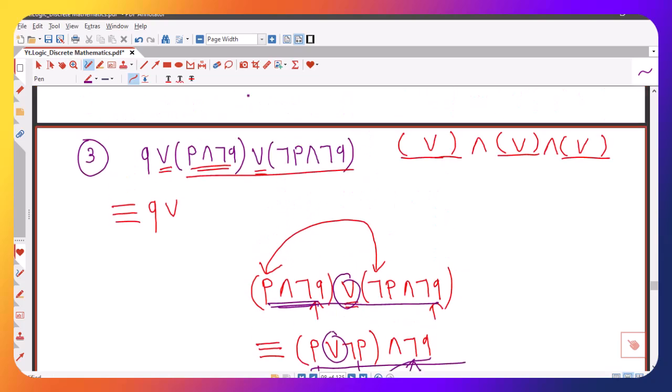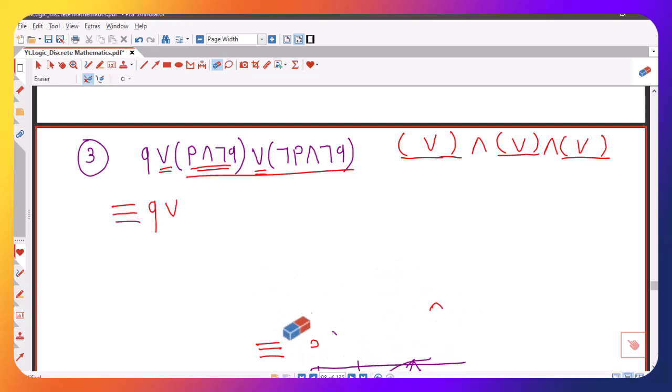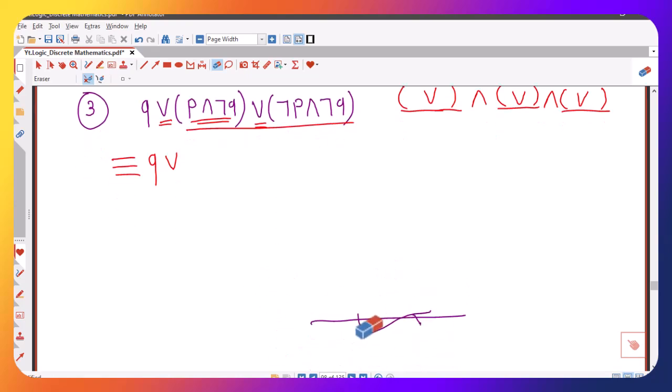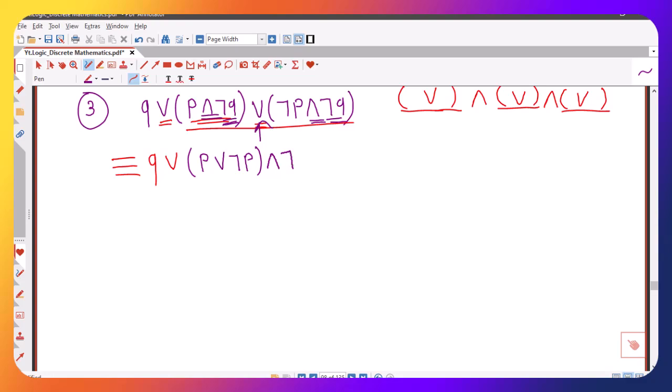This is just to explain how we can use distributive law if we have this type of form. So again I repeat, here we have negation Q, that is with AND operator, in between we have OR operator. So this is logically equivalent to P or negation P and negation Q, and this I am writing in bracket, and this I have written using distributive law.